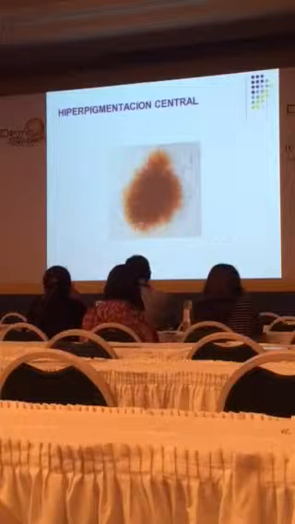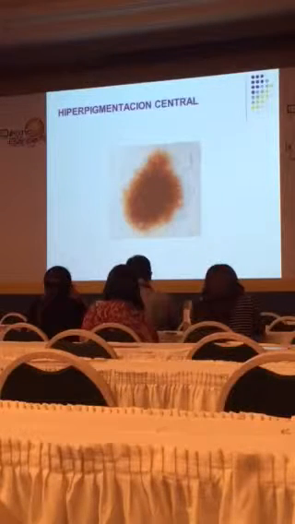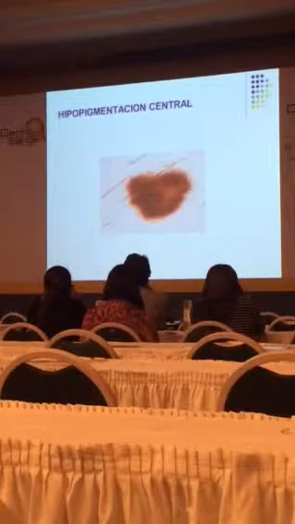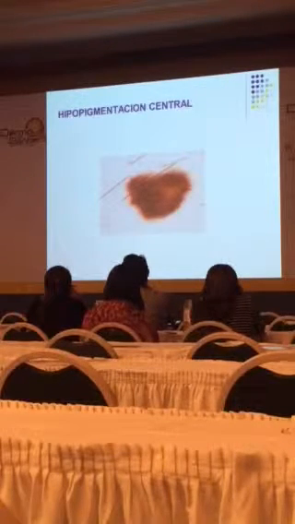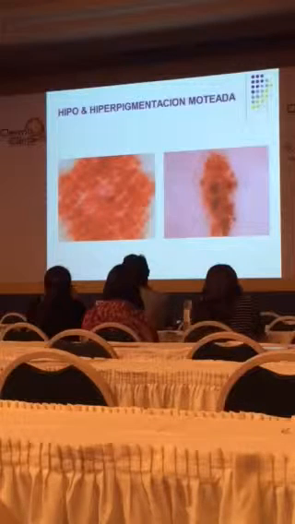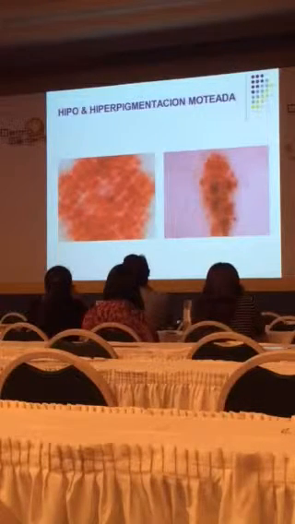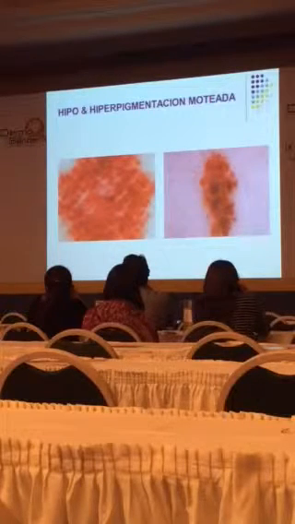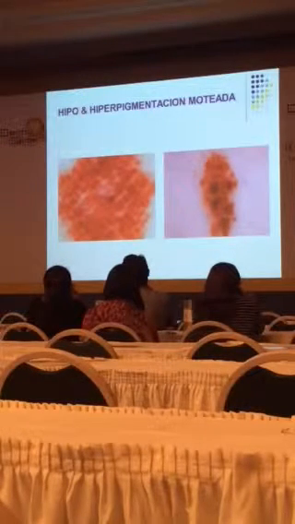But remember, these are all variations of patterns which do not need biopsy. Then central hypopigmentation, or sometimes, this is the most common pattern when new residents start with me, or when I was a resident. This is the scary pattern. You see something patchy and you think melanoma, but it's not melanoma.